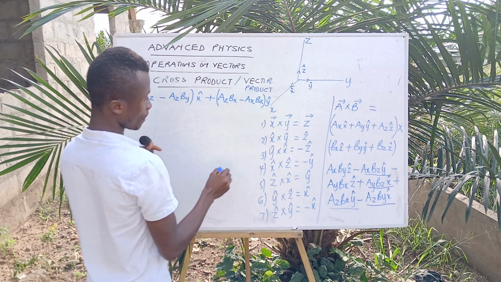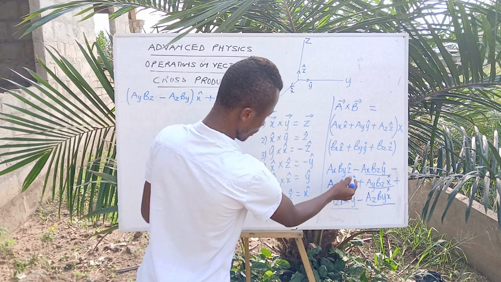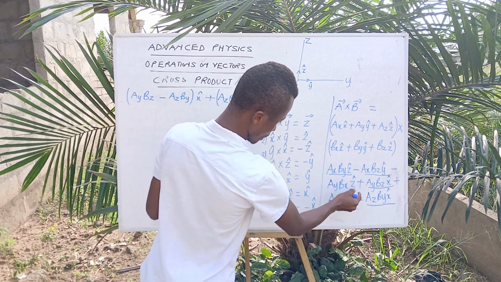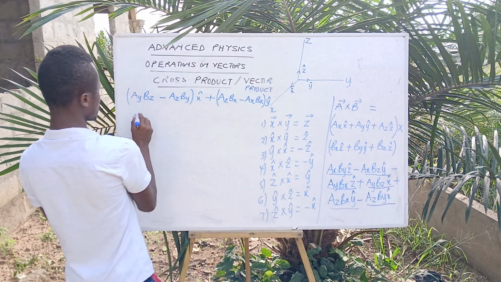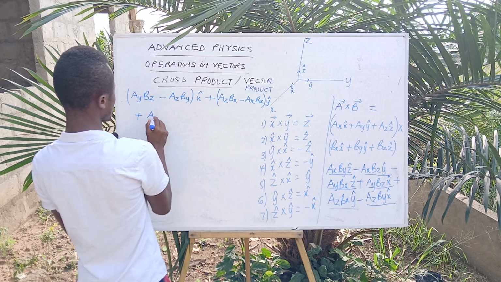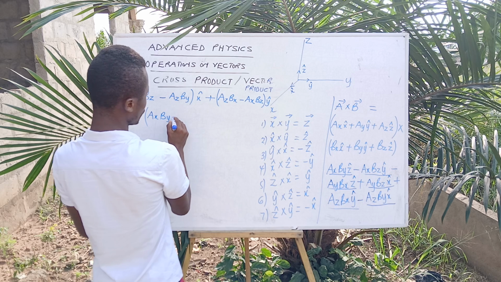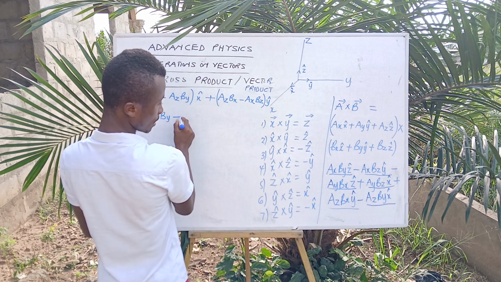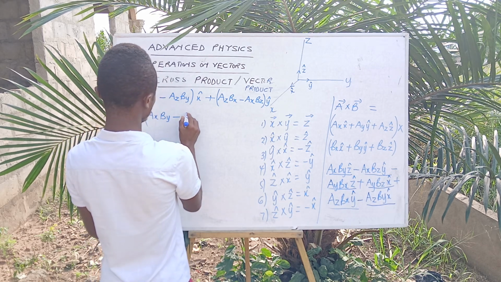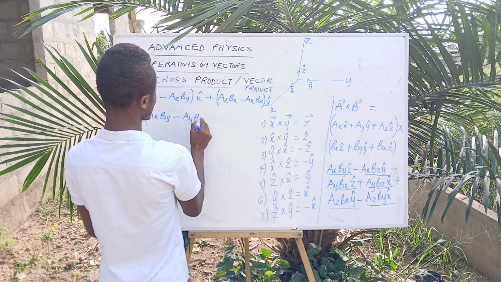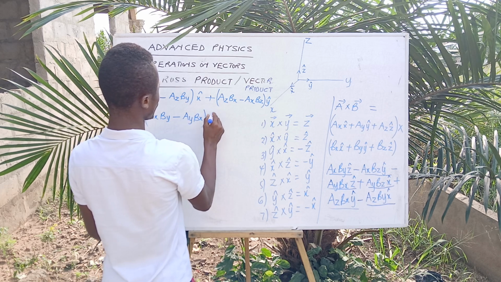Then the z-hat, we have this and then that, so plus AX BY minus AY BX in the z-hat direction.